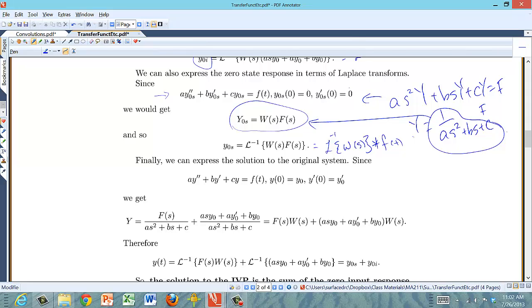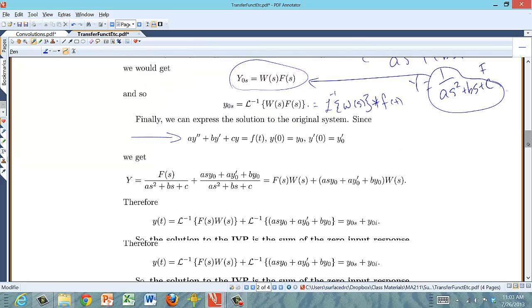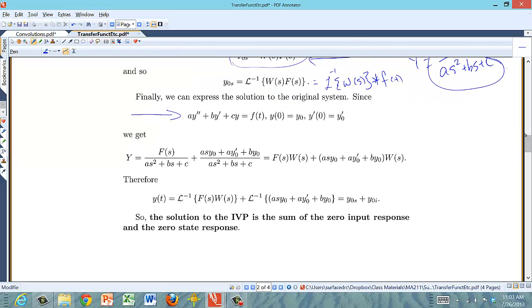Let me go ahead and express the solution to the original system, the original system that we started with. If I Laplace transformed everything and solved for capital Y, I would get this. I'd have this thing and this thing on the right-hand side, and if you look, this thing is F of s times the transfer function, and this thing here is the initial conditions times the transfer function.